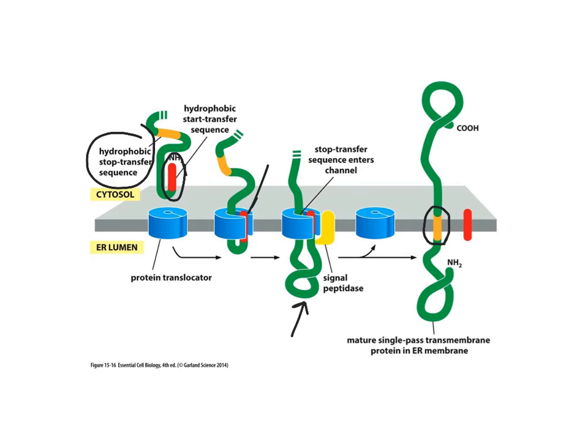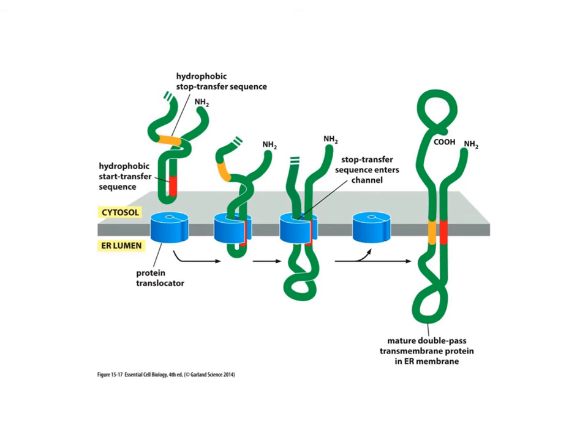The ribosome can still continue to make the protein, but at this point it's no longer crossing the membrane. So the rest of the protein ends up on the cytosolic side. And so the process has created a protein that is not completely soluble in the lumen of the ER, but is a membrane protein that sits across the membrane.